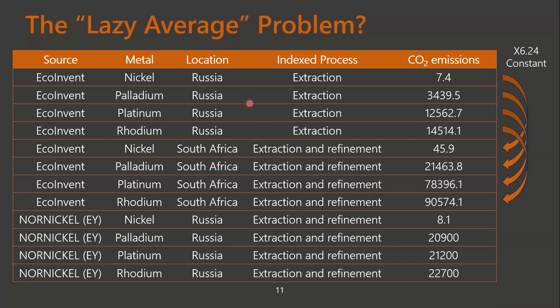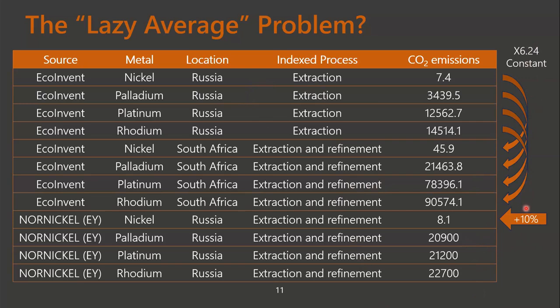So again, we can compare the EcoInvent data for the extraction versus the EcoInvent data for the extraction and refinement data. We see that plus 10%, but it's only about 10% more to refine the nickel, which will become obvious when I show you the next slide. Whereas these figures are similar to what we see here, again, about a 6 times constant present in this Russian data.